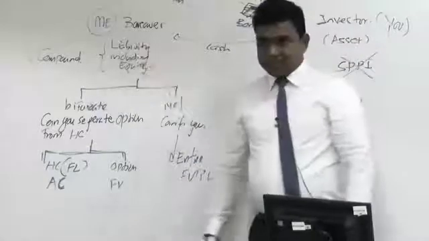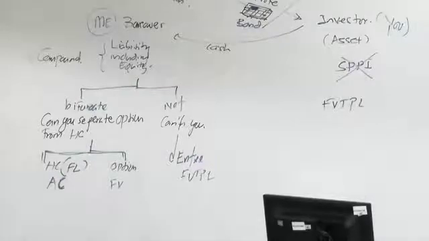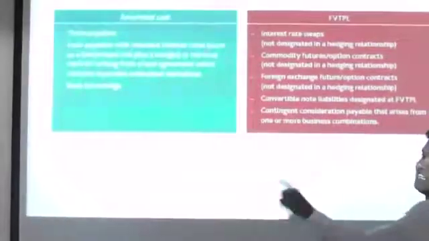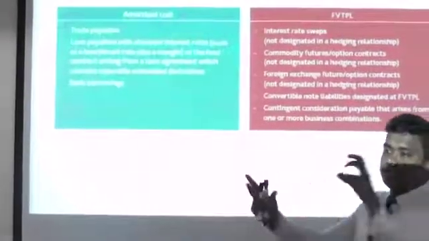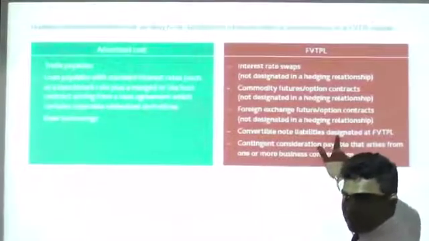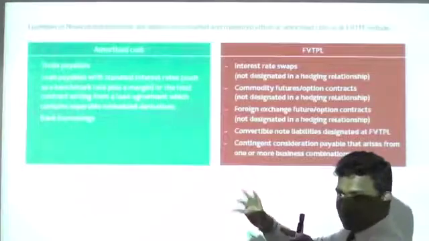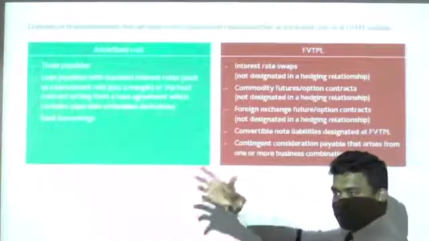This is on the borrower's side. Got it? Now see here. Convertible loan notes liability is designated at fair value through P&L. Why designated at fair value through P&L? Since you cannot bifurcate the option from the host contract, the entire instrument will be measured at fair value through P&L. If you bifurcate it, the host contract will be measured at amortized cost and the equity option will be taken at fair value.